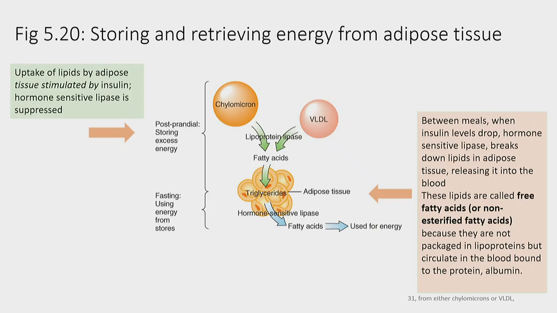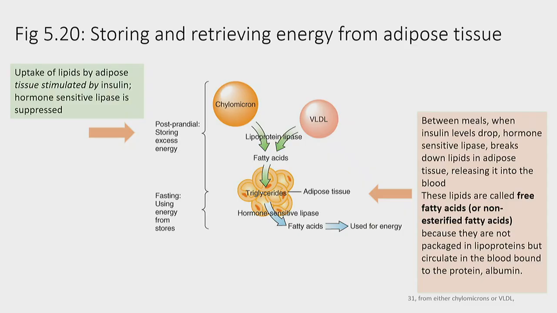Insulin activates the lipoprotein lipase to break down the fat from the chylomicron in order for the adipose tissue, where we store the excess energy, to be able to uptake the fat and store it. This is what happens after we eat a meal.